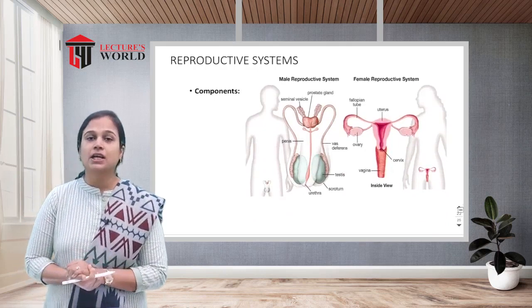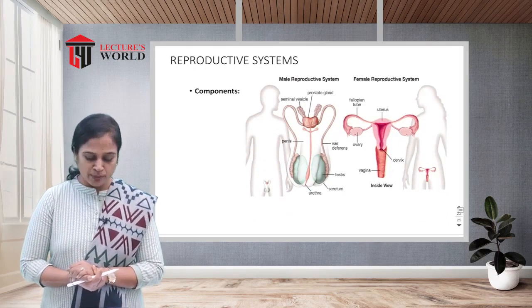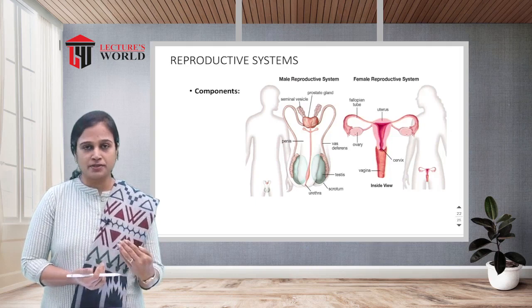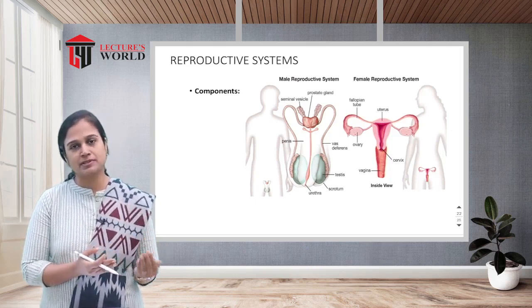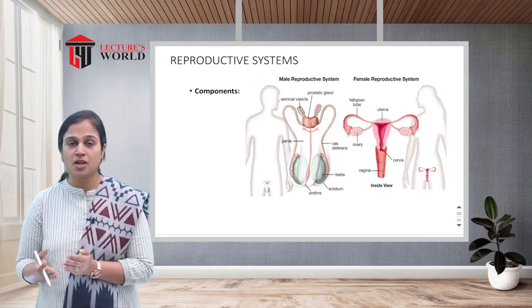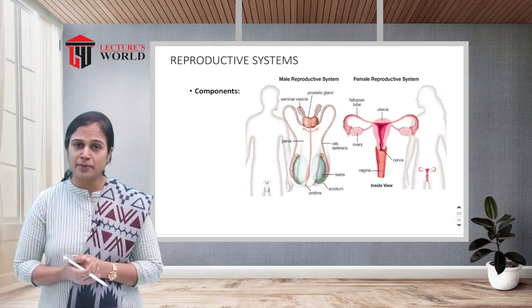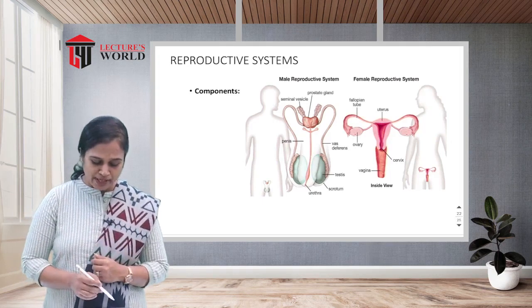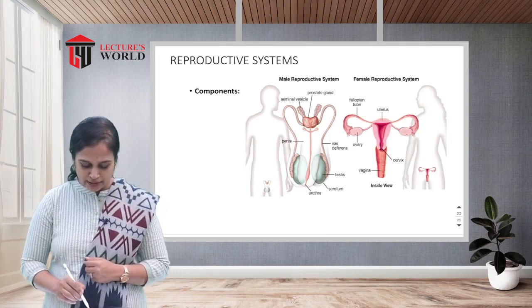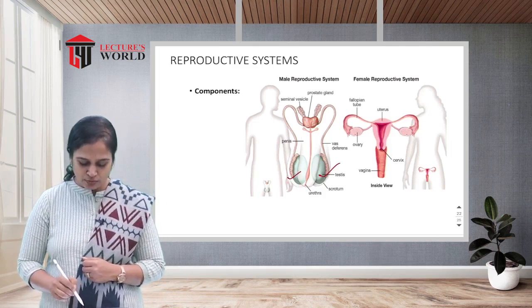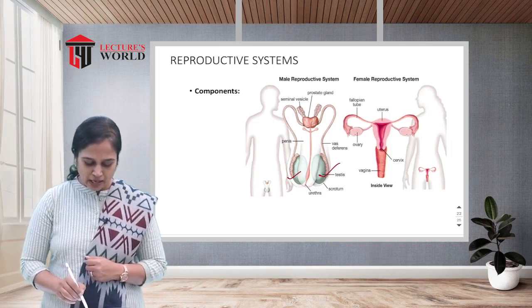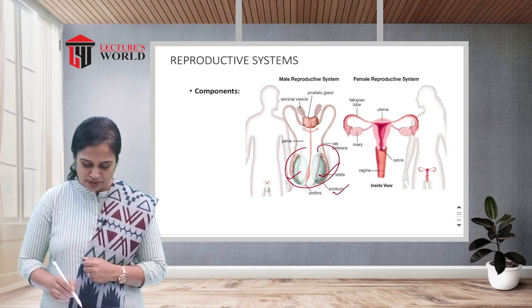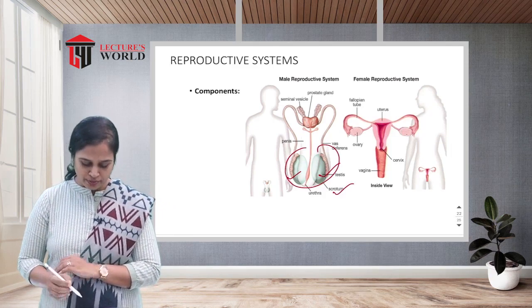Now we'll see the reproductive system. There are two reproductive systems: the male has a different reproductive system and the female has a different one. We'll see first the components of the male reproductive system. There are the two testes, which are located in the scrotum, so this is combinedly called the scrotum.